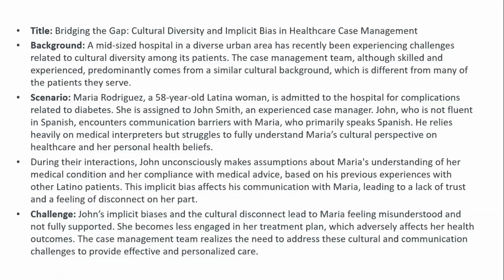Now, remember, implicit biases are based on your previous experiences, and they're shortcuts that your brain takes. So, I mean, it's not being mean to John to say he's doing this purposefully, but it's based on his previous experiences with other Latino patients. So therefore, he is making assumptions based on that, which he should not be doing.